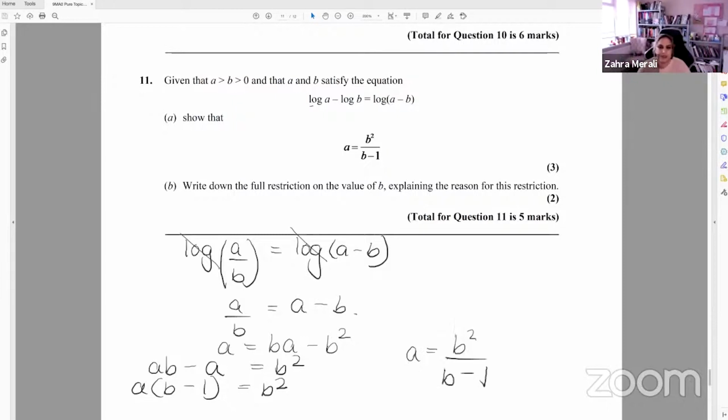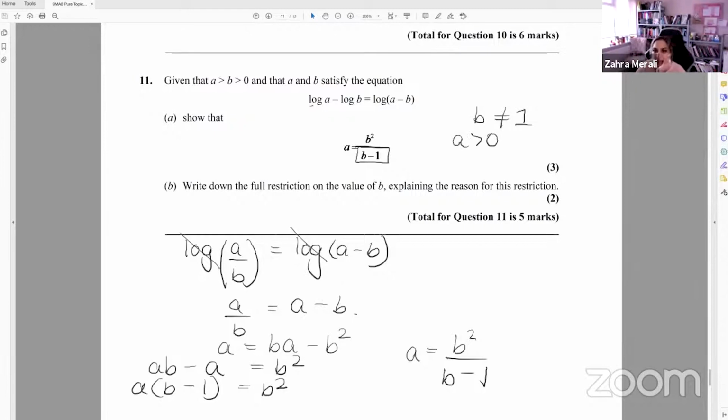Then it says, write down a full restriction on the value of B, explaining the reason. Well, remember, it's illegal to divide by 0. So that denominator can never be 0. So we straight away know that B cannot be 1 because it would make the denominator 0. But we are also told that A is bigger than 0.